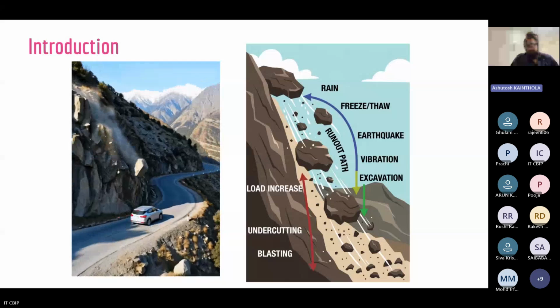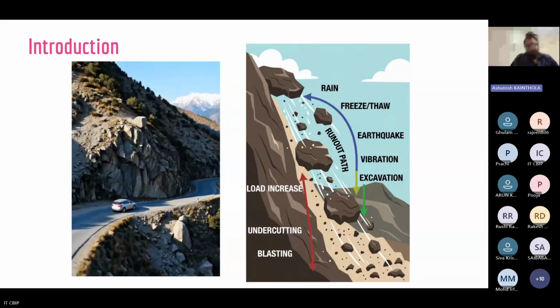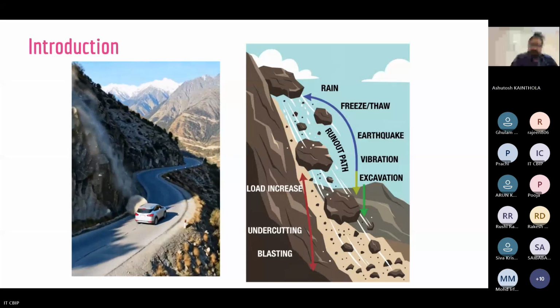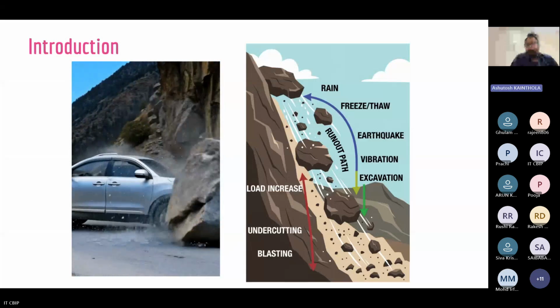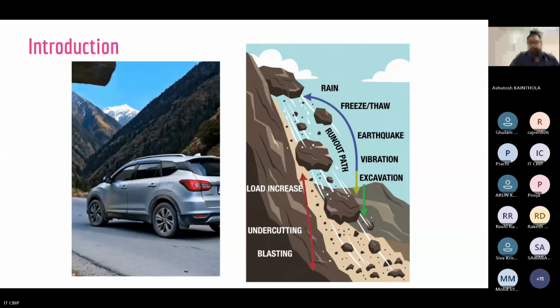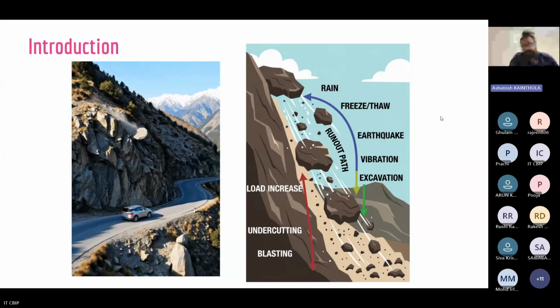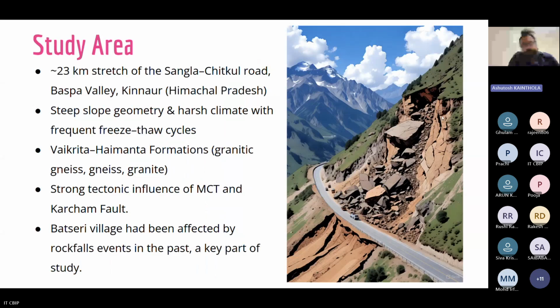Here, the initiation is through that plane. It could be planar or wedge, but the total movement takes into account rolling and bouncing phenomena. So moving on to the next slide. This is the brief about how rock falls are different from other slope instabilities.